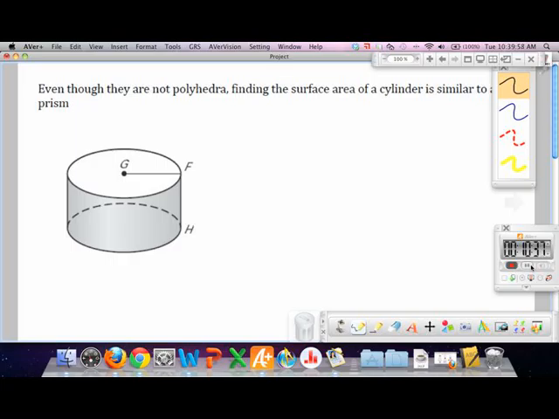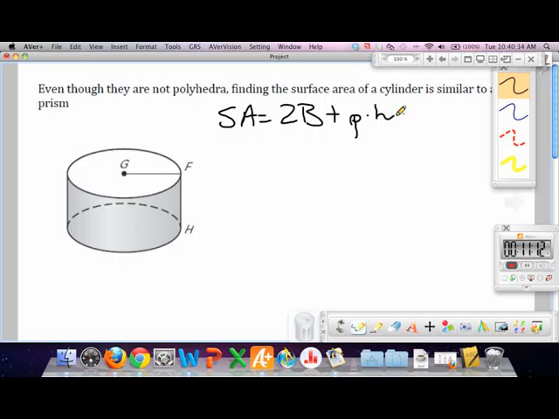For cylinders, however, we have specific shapes, specifically circles, which are not polygons. And we know a lot about the areas of circles and the perimeters, or another word for that, circumference of the circle. So this formula, if you want to memorize it, as adapted specifically to cylinders: twice the area of a circle, pi r squared, plus the perimeter of a circle, its circumference, which is 2 pi r, times the height.